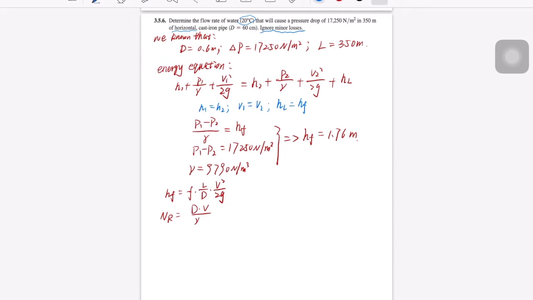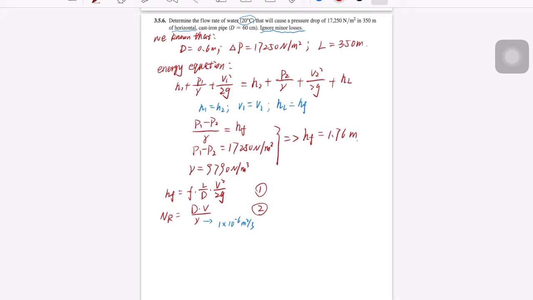So at 20 degrees Celsius, this value equals 1 times 10 to the power of negative 6 meter squared per second. So this is equation 1. This is equation 2. Since the velocity is not available in this question, the Reynolds number cannot be solved.